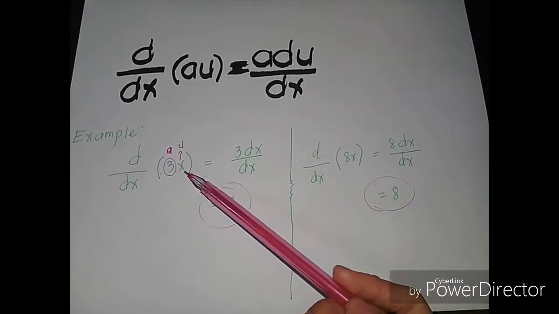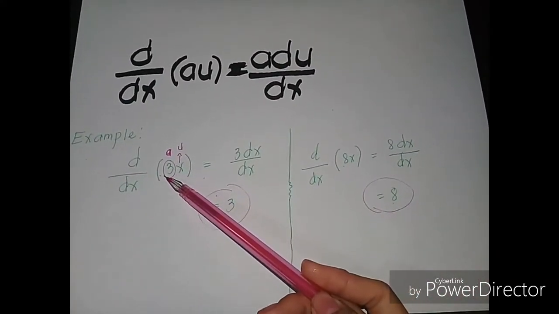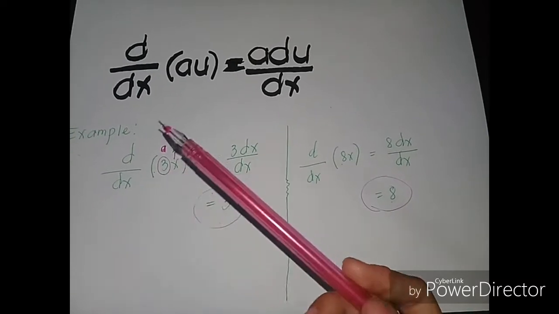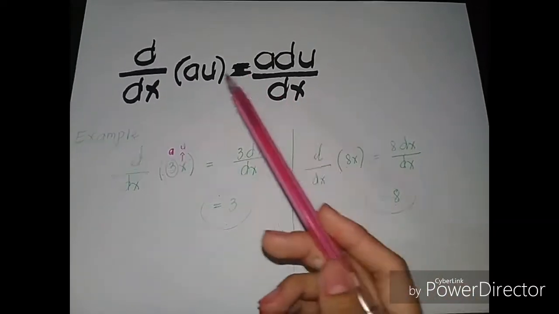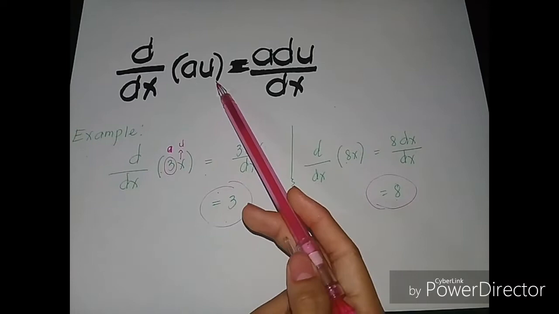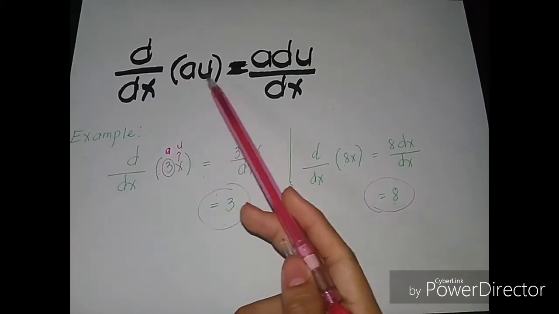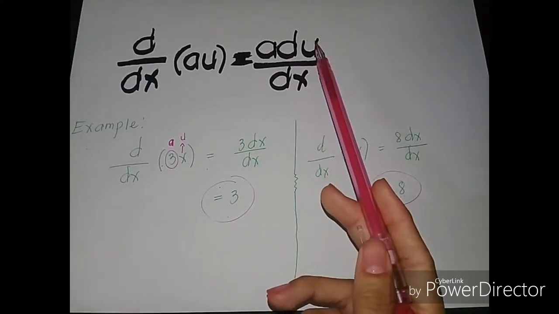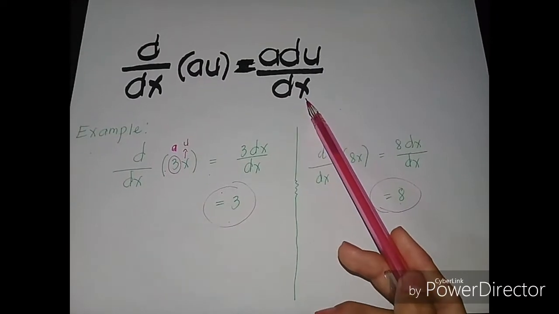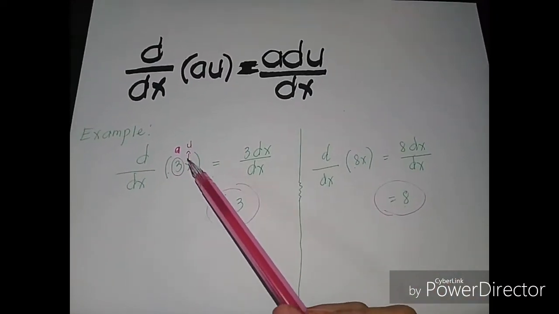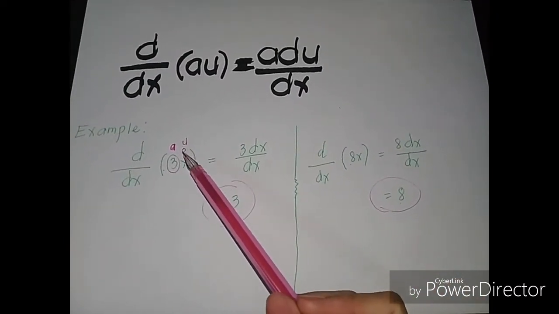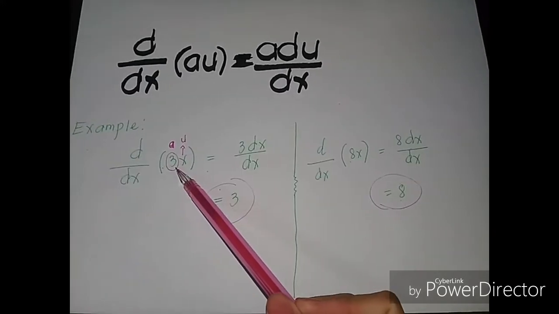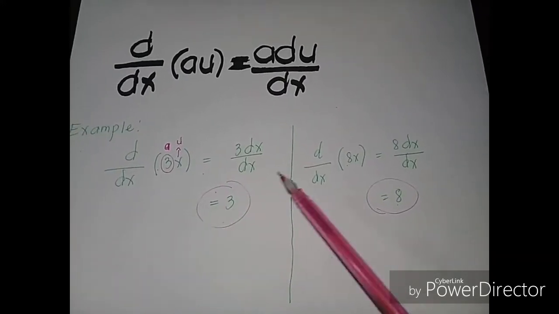This time your variable x is with a constant. So we have this as our formula: derivative of au over derivative of x is equal to a times derivative of u over derivative of x. Let's go back to the example. The x is the u and the constant is the a. Let's do the substitution.